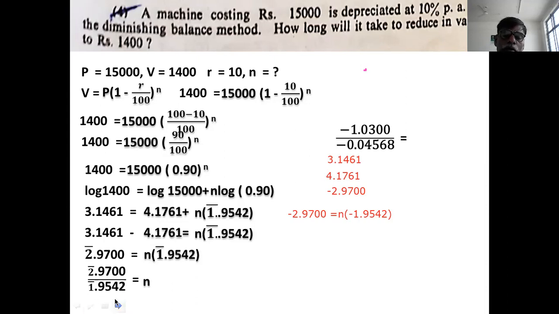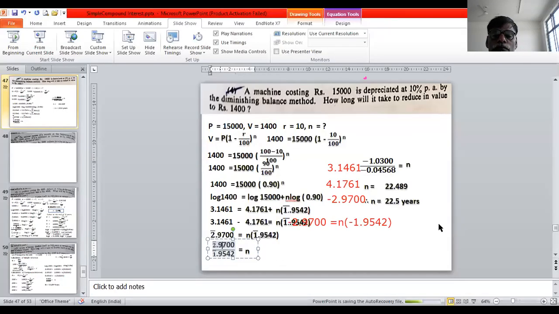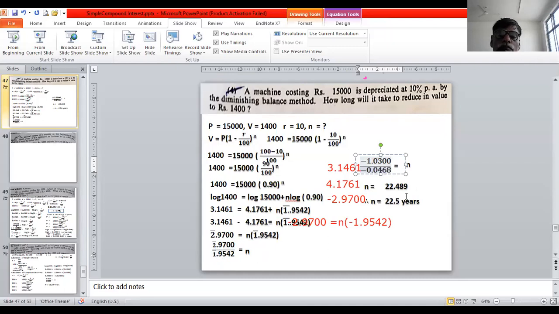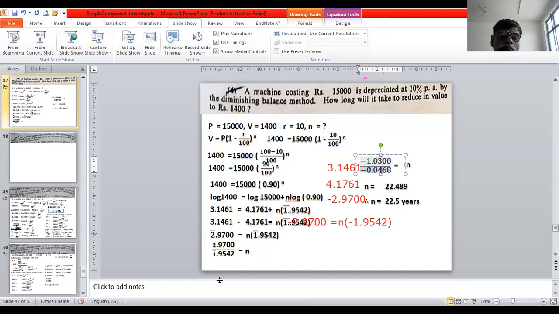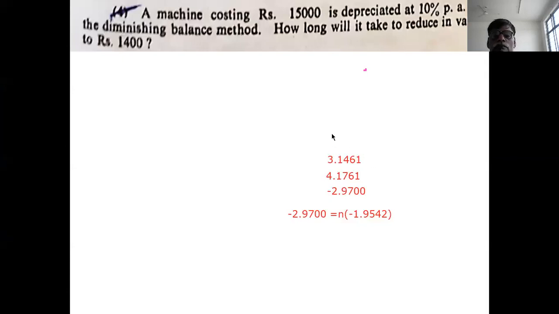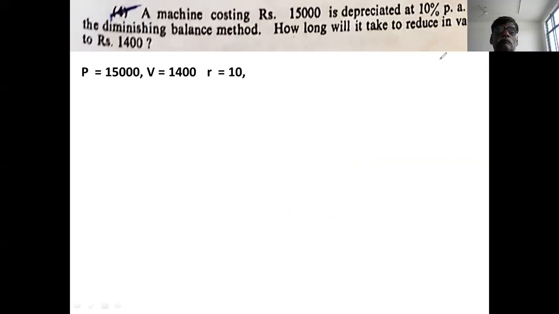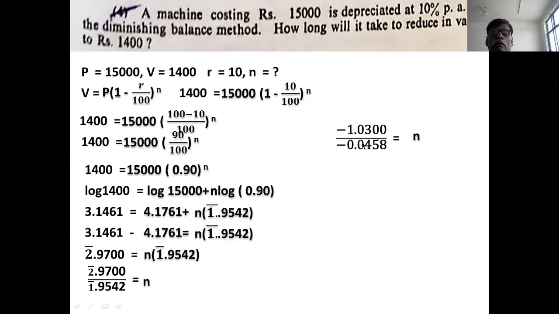In the minus 1, if you deduct 0.9542, its answer is this. You see this.